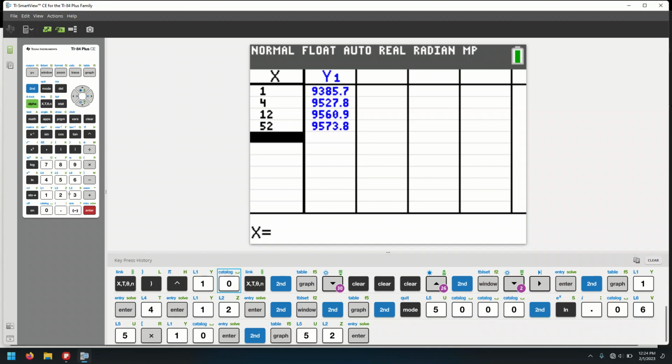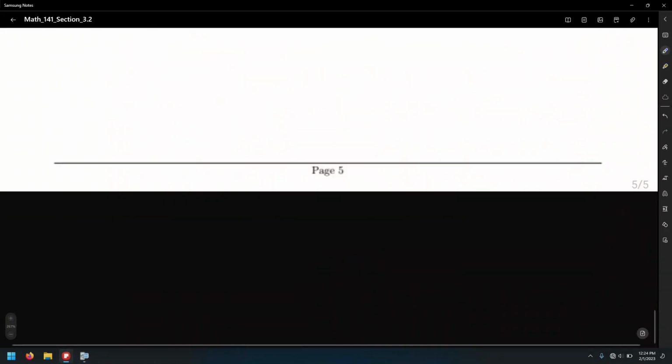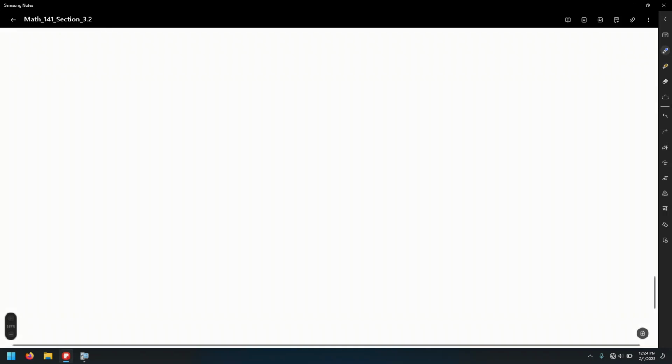What about daily? 365. That's the number it generates, right? Daily, how about hourly? Okay, so we would need to figure out how many hours there are in a year, all right? And that's going to take a big calculation, which I'm going to do by hand.